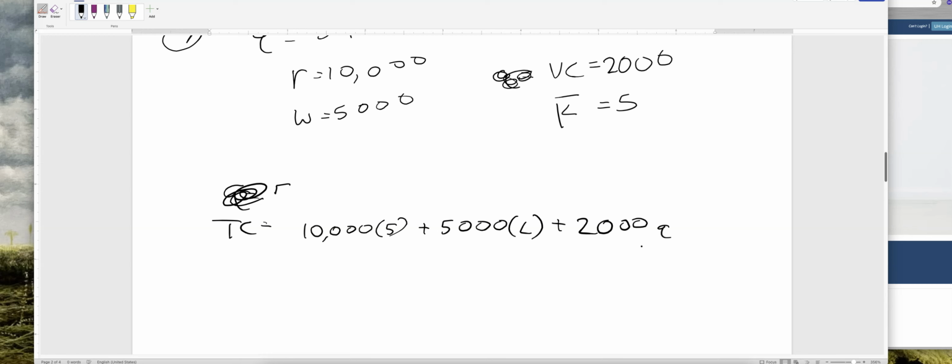Well, we need to find the MPL and the MPK. What we know is that our production function is given by 5KL. So that would mean that our MPL is 5K, and that our MPK is 5L.